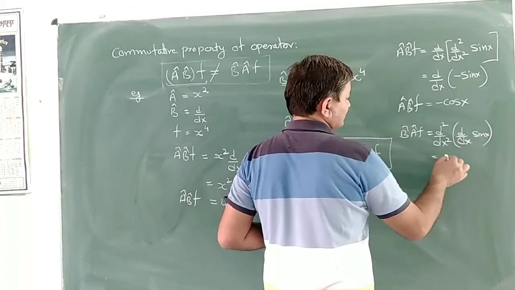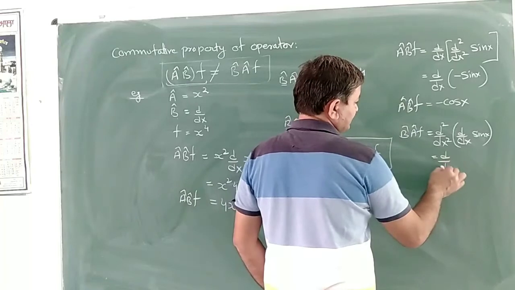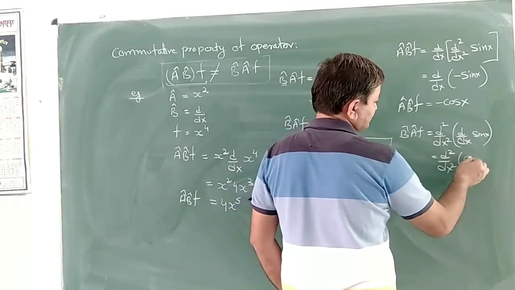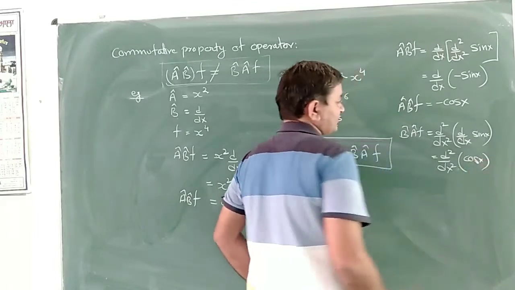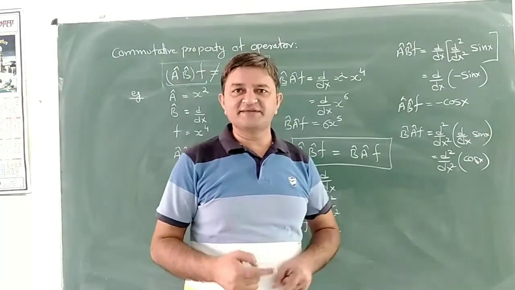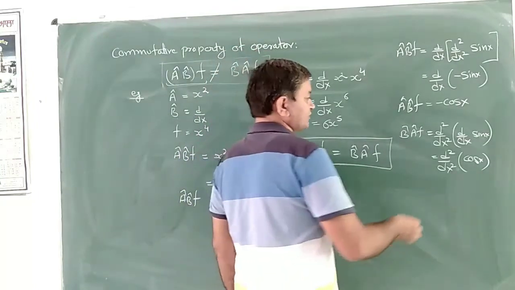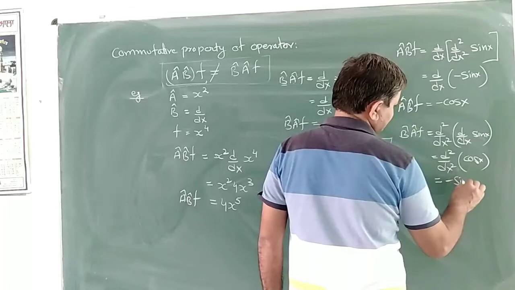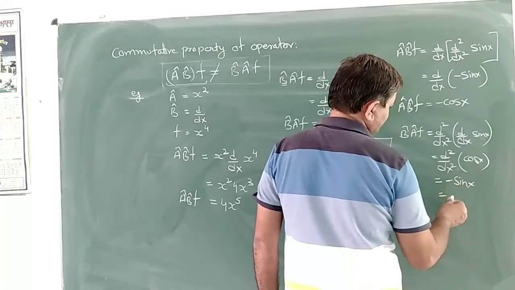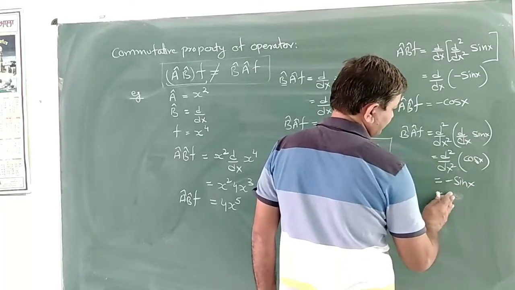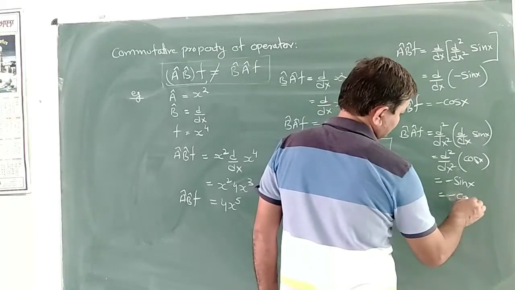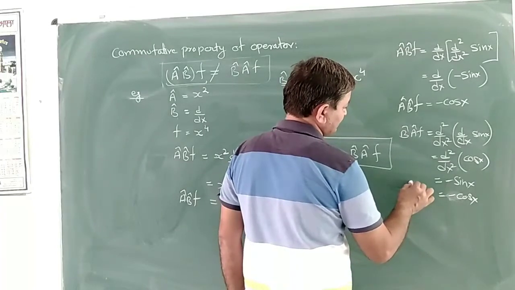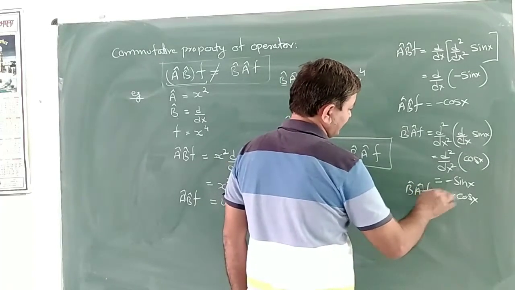So therefore this will give a d by dx here and sine जो है that will change into the cos x, and after that it is again followed by the double differentiation. So cos changes into minus sin x, and then into minus cos x. So after the double differentiation, that is B operator, this A operator and F.